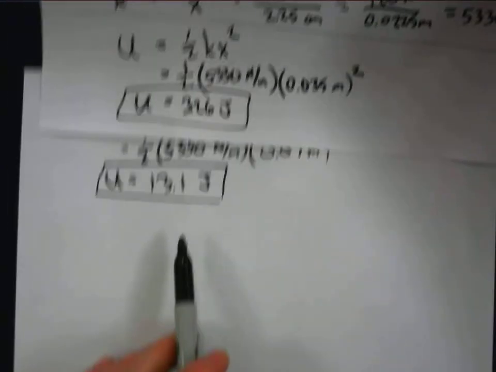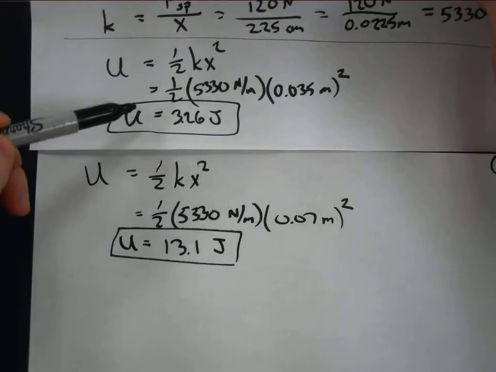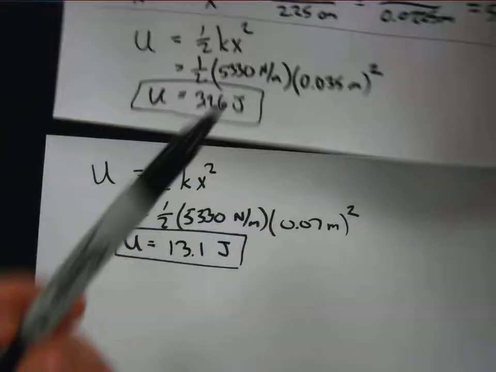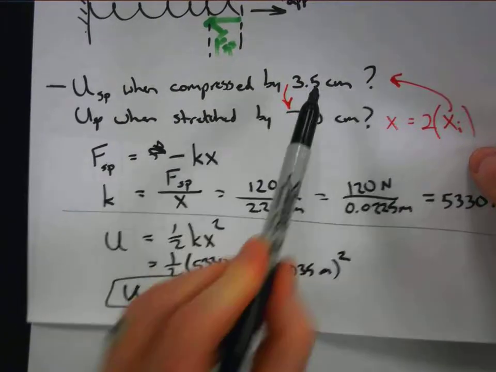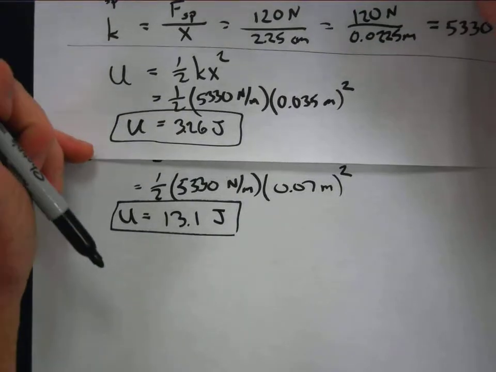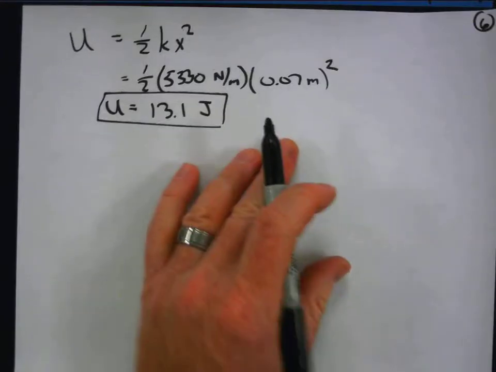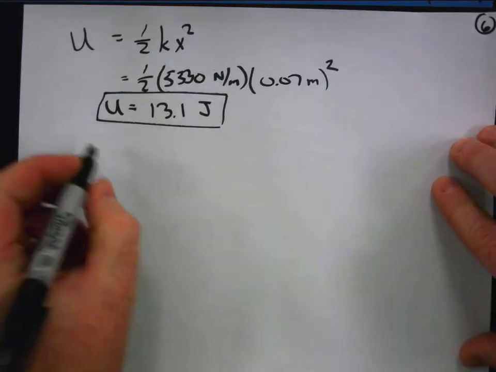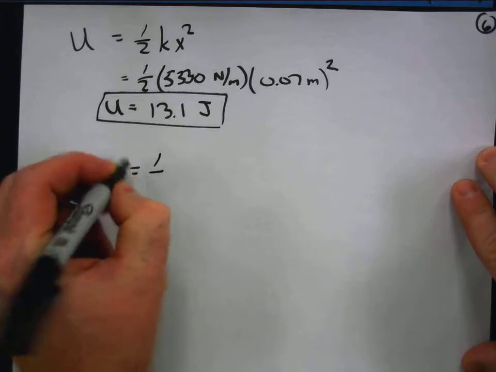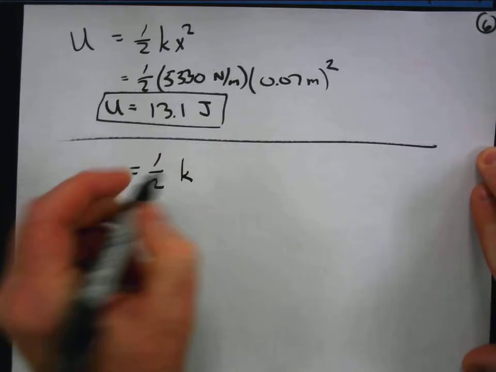And if we compare that to the previous situation where we wanted to look at a compression of 3.5 centimeters, did we see a doubling? No, we didn't. And the reason is, when we check this out, K was the same.